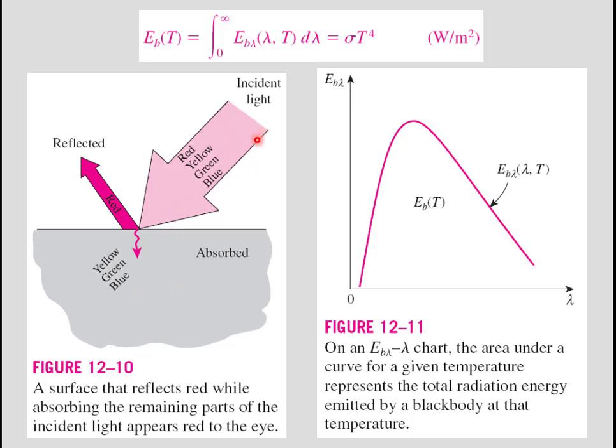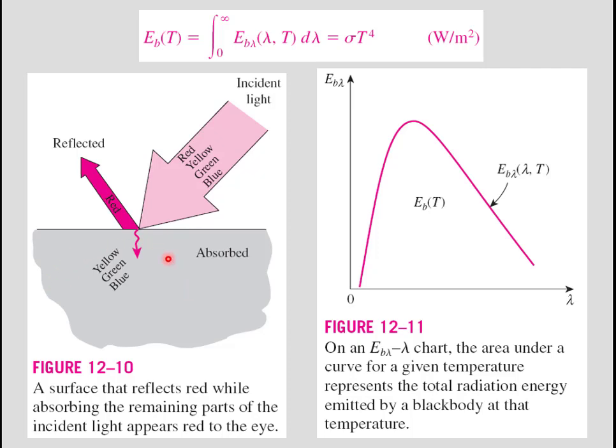The incident light, as I told you in previous slides, consists of different wavelengths, where each range of wavelengths is related to one color. A surface can reflect and absorb some part of this radiation energy.